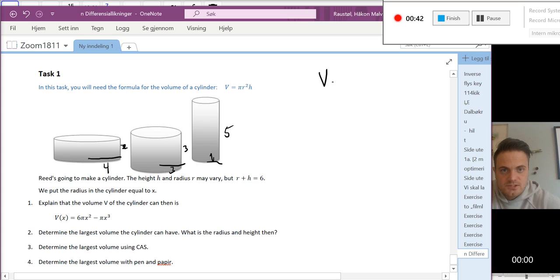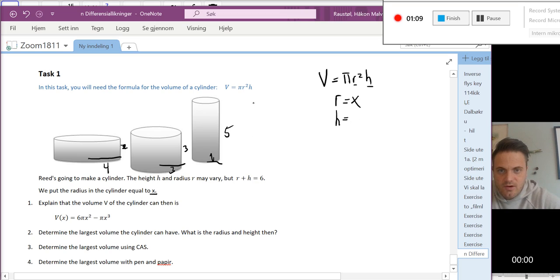And what we do then, we start with a formula for the cylinder, pi times r squared times h. We have two variables here, r and h, and we have to find this expressed with x. We call the radius x, and then we need to find the height as an expression of x.